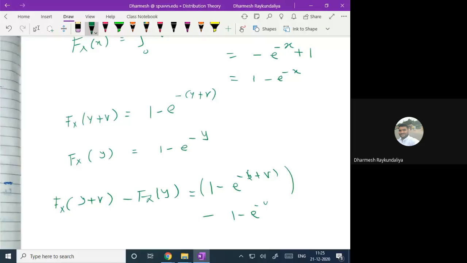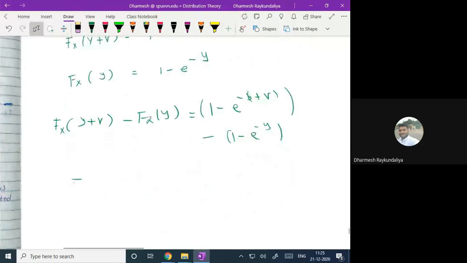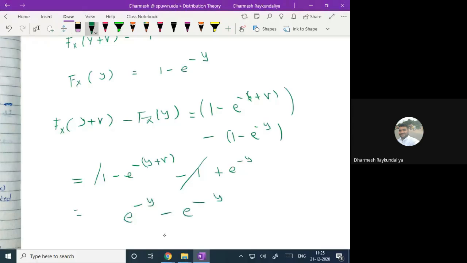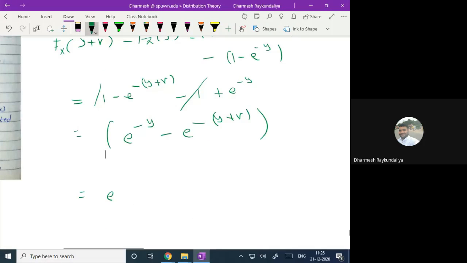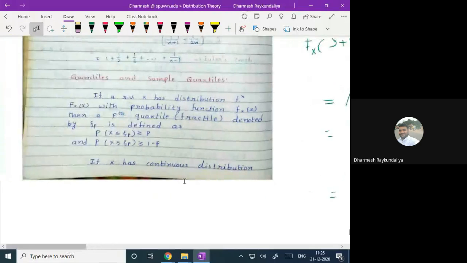So what will you get? 1 minus e raised to minus y plus r minus 1 plus e raised to minus y. The 1s cancel out, and it is e raised to minus y minus e raised to minus y plus r. Now I take the common e raised to minus y, and I get e raised to minus y times 1 minus e raised to minus r. So this is the quantity.